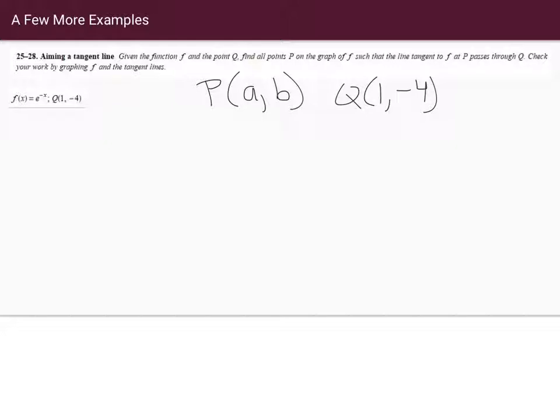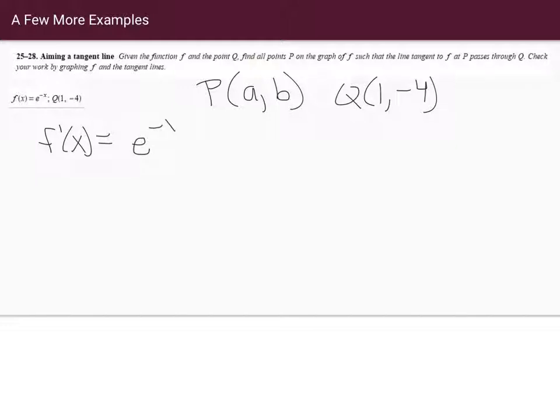First, let's find the derivative. So f prime of x equals. Now, this one has a little trick in it. It says e to the -x power. There's a little bit of something we don't know about yet trapped inside of this problem, but I'll tell you how to deal with this.